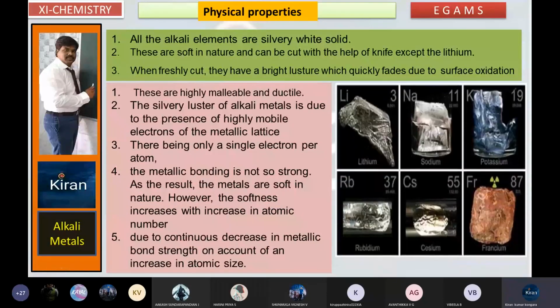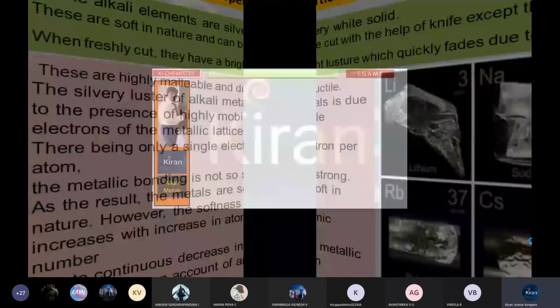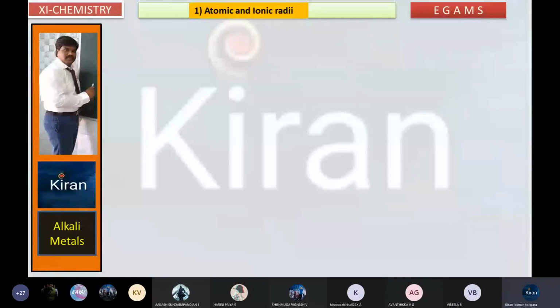So these are the silvery white and shiny luster metals: lithium, sodium, potassium, rubidium, cesium, and francium, which is a radioactive metal. Let us see the properties one by one. Atomic radius.